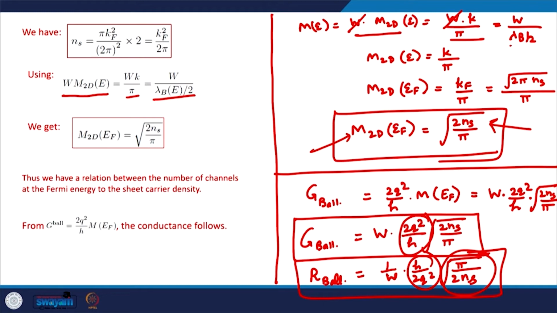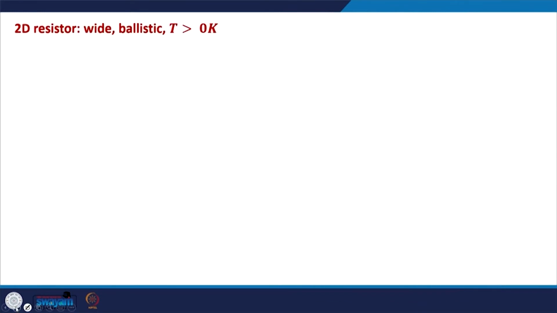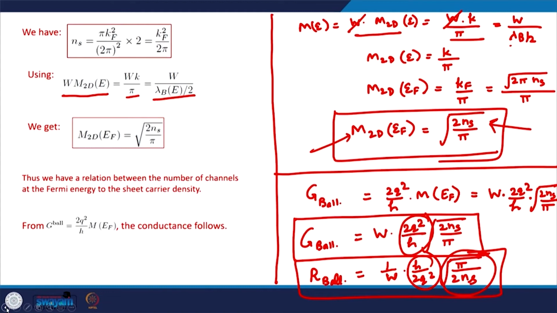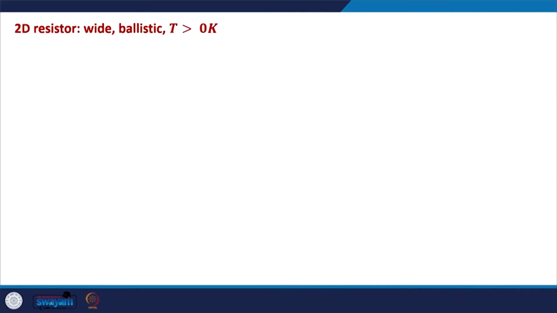Okay. So, this is pretty much what we have in our 2D conductor at 0 Kelvin and with a finite width. Up to now, we have only considered the case of 0 Kelvin, at extremely low temperatures, but now let us consider a more realistic case: when the temperature is room temperature, or above 0 Kelvin.